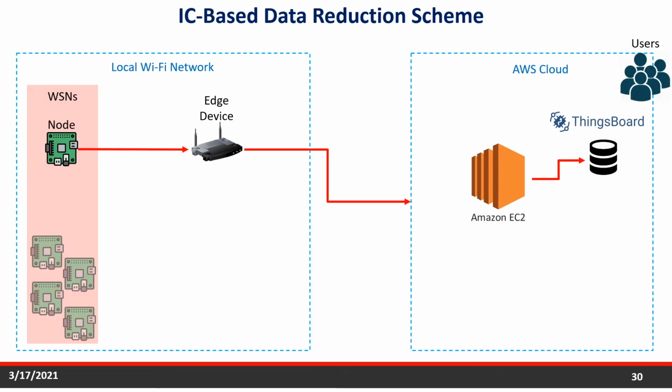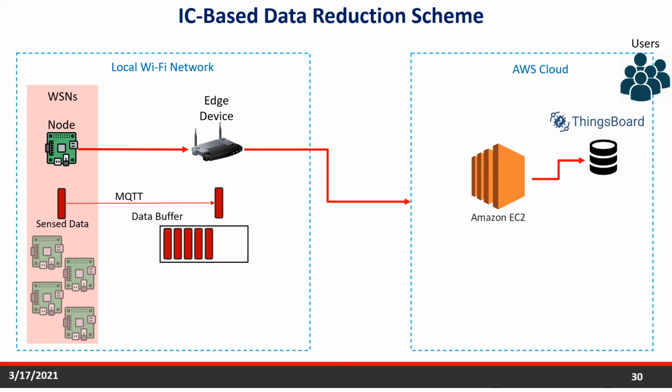The information content concept is implemented to reduce the amount of data that the edge devices forward. Wireless sensor networks generate data and send it to an edge device. The edge device then buffers the incoming data, and based on the history, it evaluates the information content of the received data.